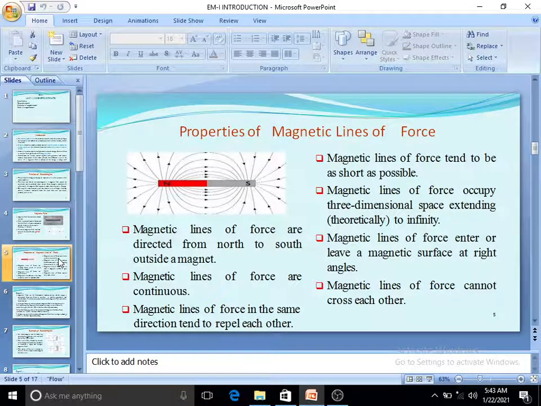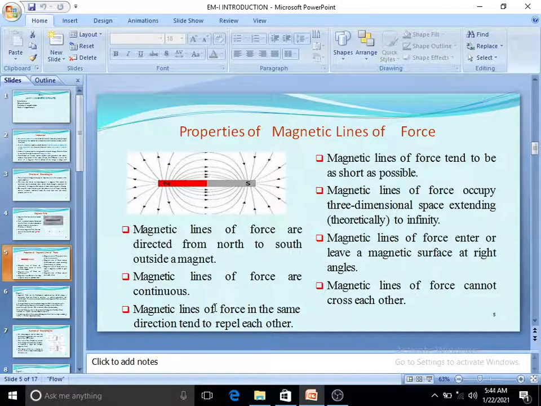So what are the properties of the magnetic lines of force? Already you have studied in your intermediate, right? Always these lines travel from north to south outside the magnet. Okay, and these are continuous. And if the magnetic lines of force are in the same direction, they tend to repel. If in the opposite direction, they attract, right?